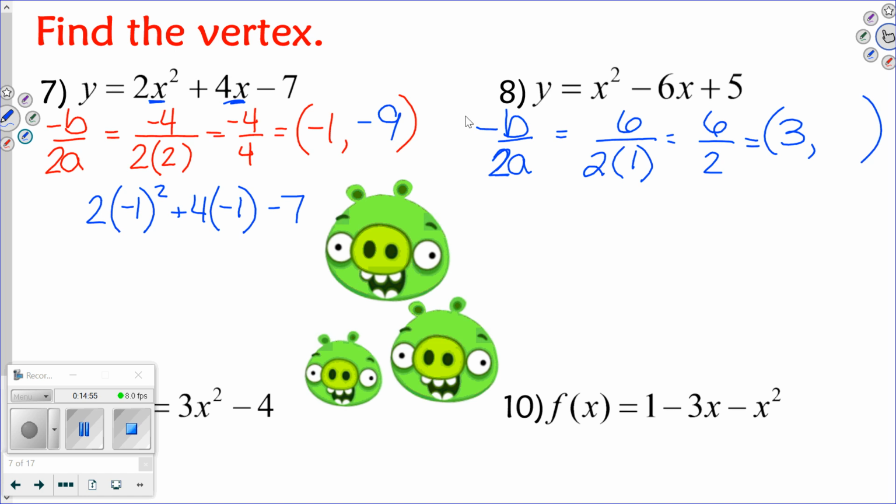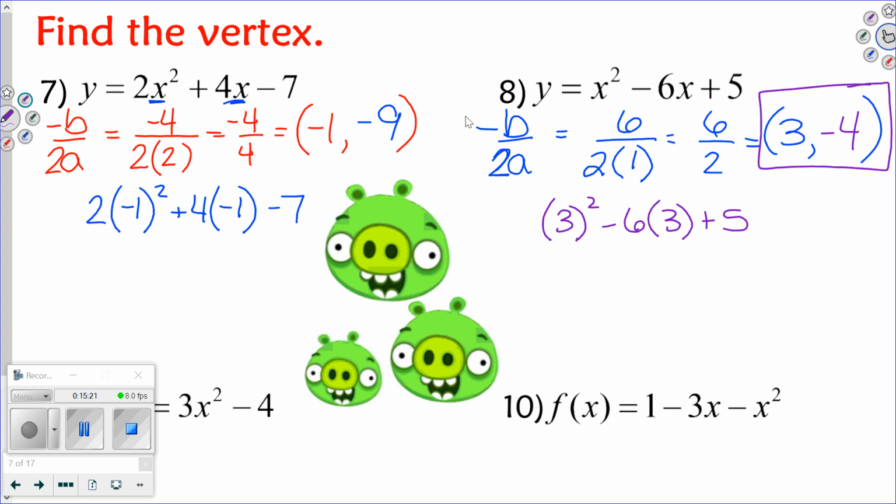So the x part of my vertex is just 3. From there, I'm going to plug it back in. So 3 squared minus 6 times 3 plus 5. So that's 9 minus 18, which is negative 9. Yeah, so negative 4. So that's what we should have gotten.